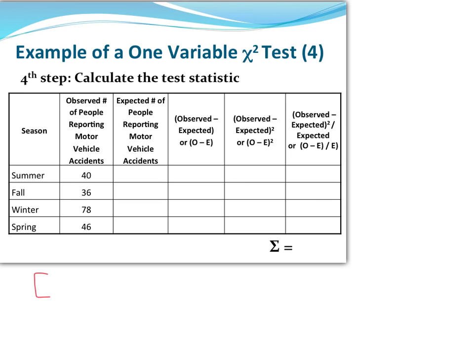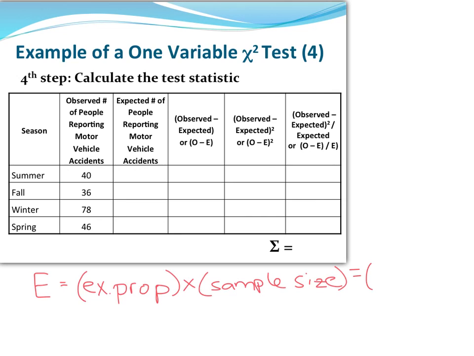Our expected frequencies we will find using our formula of the expected proportions in each category based off our null times our sample size. In this case, our expected proportion in each group was 0.25 times our sample size of 200 will get us an expected frequency in each one of our groups of 50.